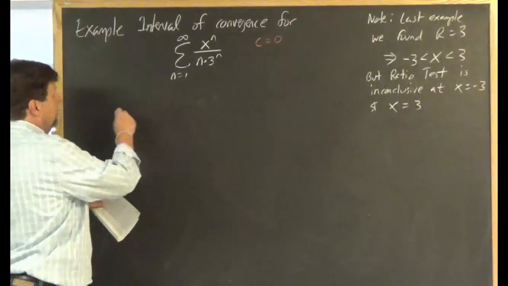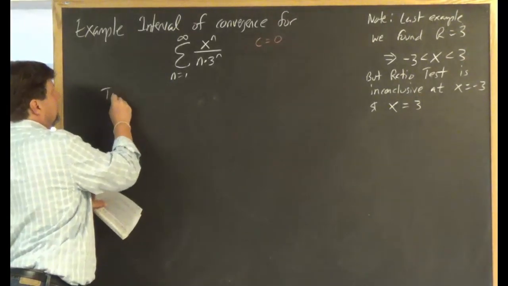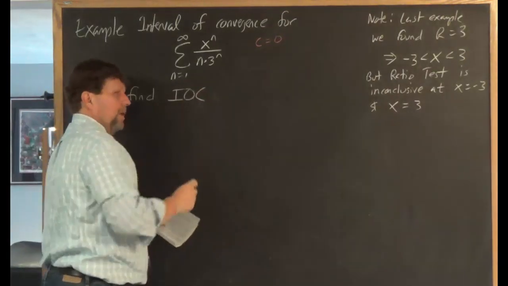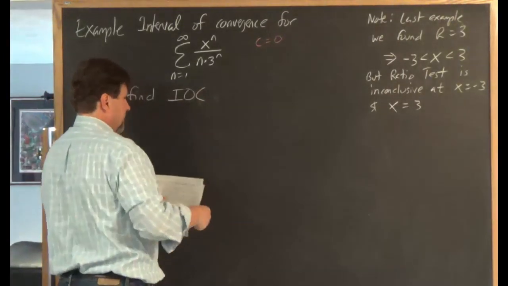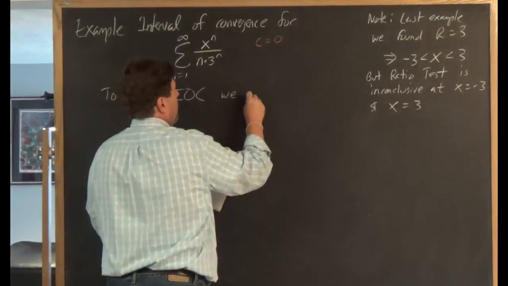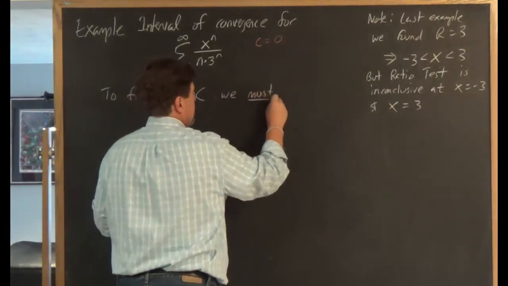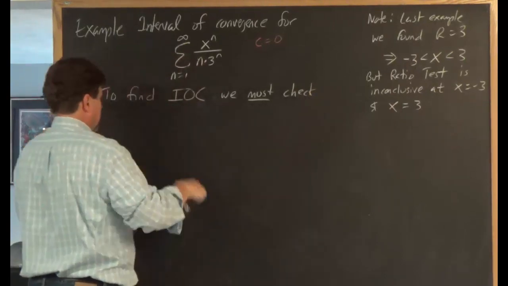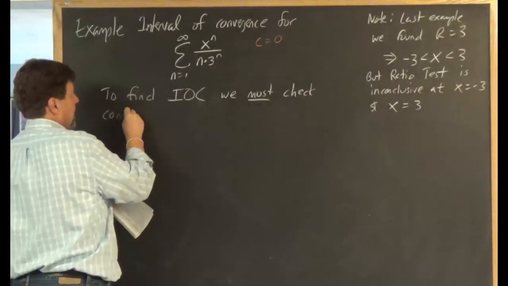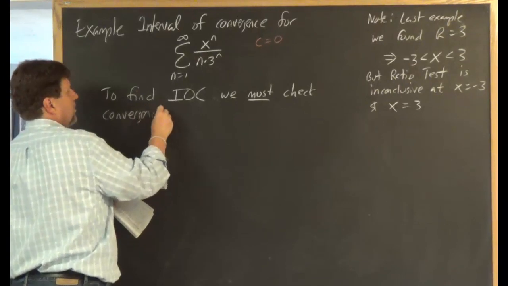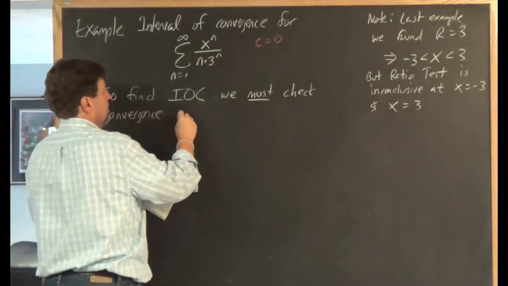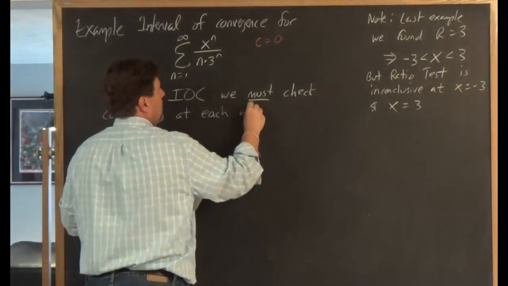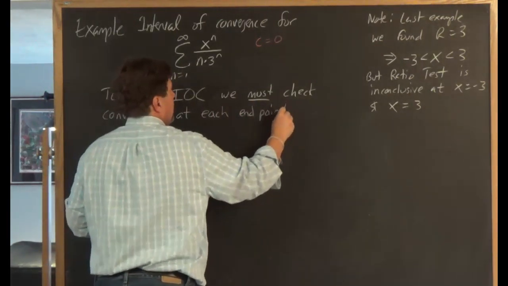To get the interval of convergence, also known as domain, we must check what's happening, the convergence, at each endpoint.